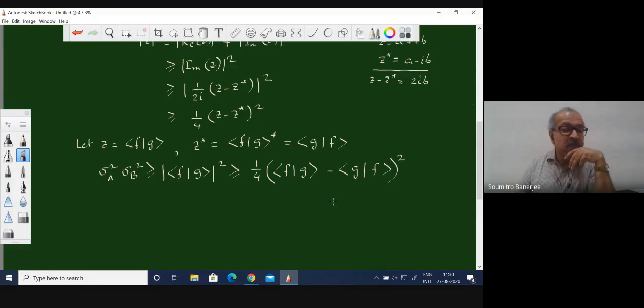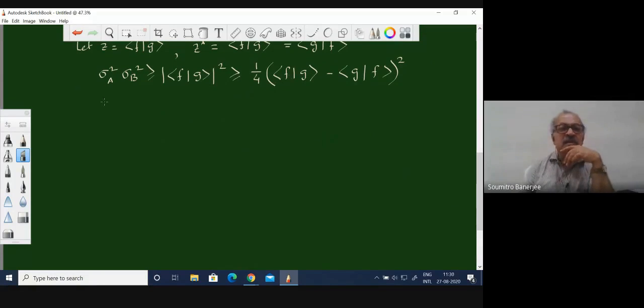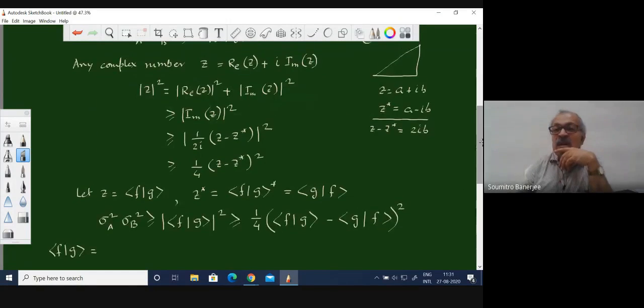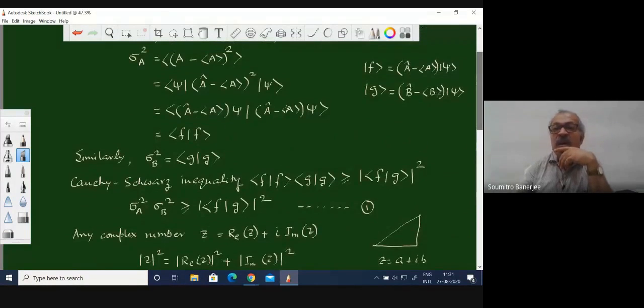Now explore what the right hand side really means. So let us see what the right hand side really means. Let us start with this. It is f g. Now let us go back to what f was, this, and g was this.